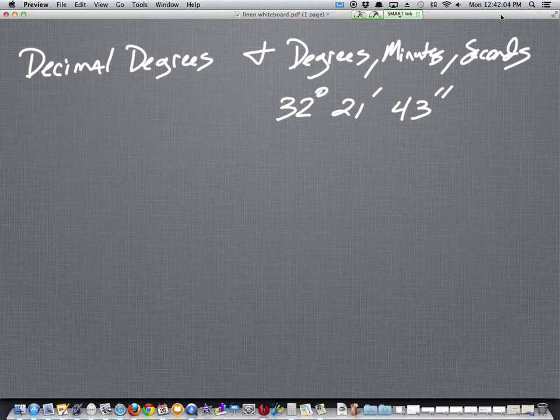And we'll go ahead and use this one I have up here. But again, if I'm converting, that means I need conversion factors. 60 minutes is equal to 1 degree, just like you think it would be, and 60 seconds is equal to 1 minute.